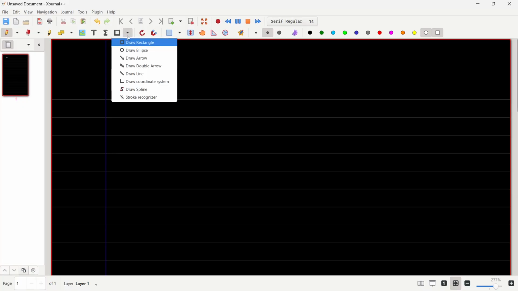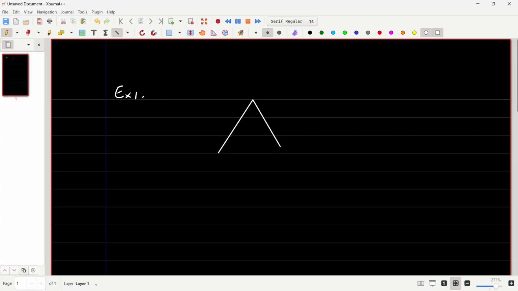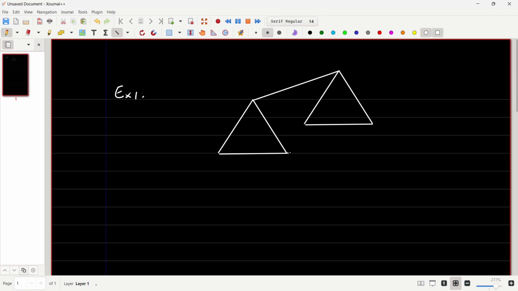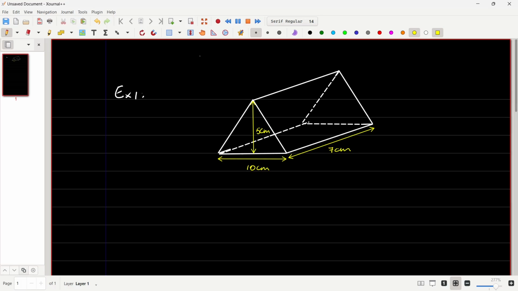First, I'll draw a diagram. Next, we work out the volume.